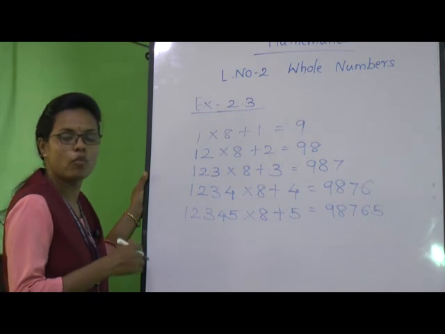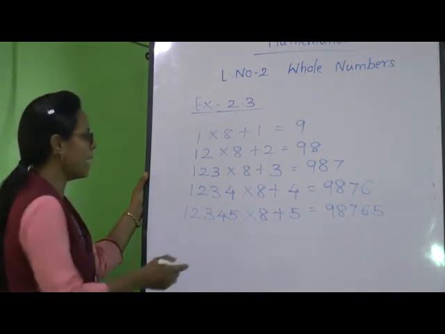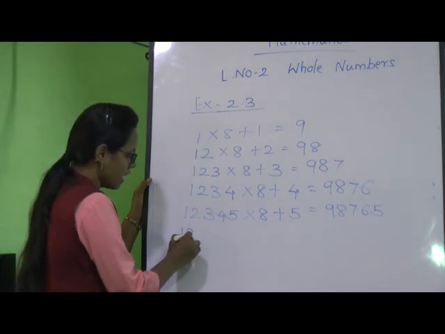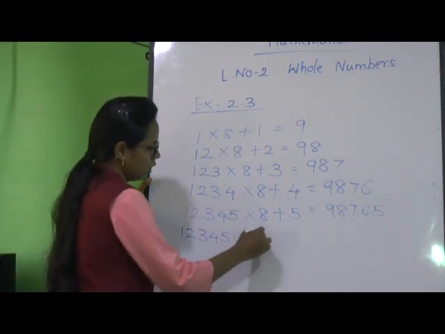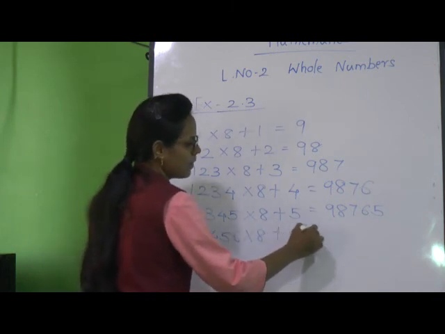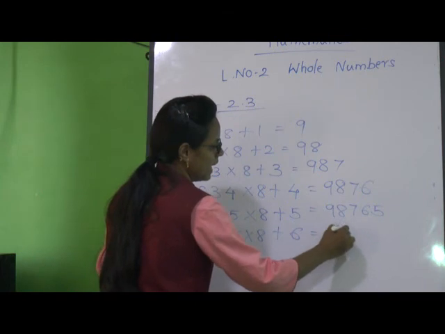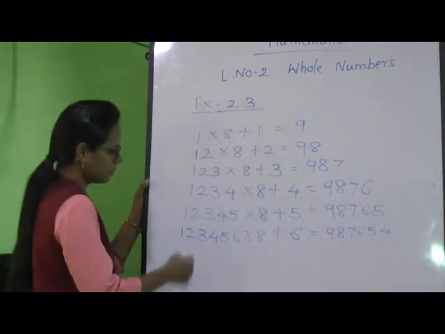Now this is the question. We have to form the next two steps for the following pattern. Let us find out. 123456 into 8 plus 6 is equal to 987654.